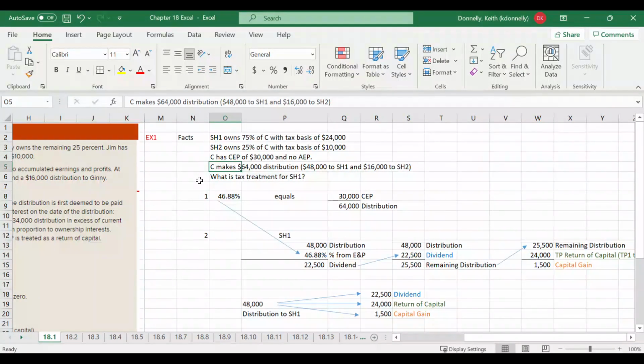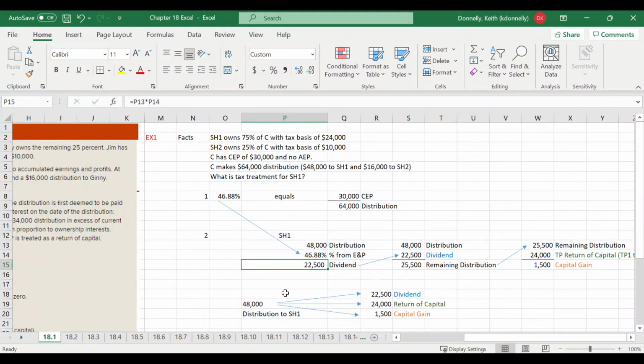So the first thing we do is take the $30,000 CE&P over the $64,000 distribution, which gives us 46.88%. We multiply that amount times the distribution. Remember, if it comes out of CE&P, it's a dividend. So 46% of the distribution to shareholder one, the $48,000, is going to be considered a dividend.